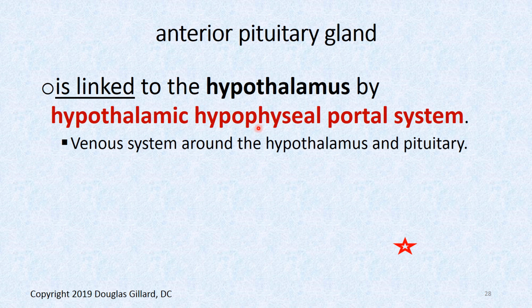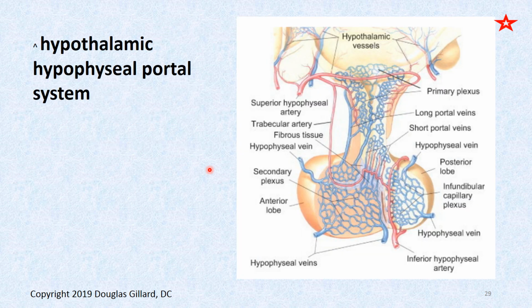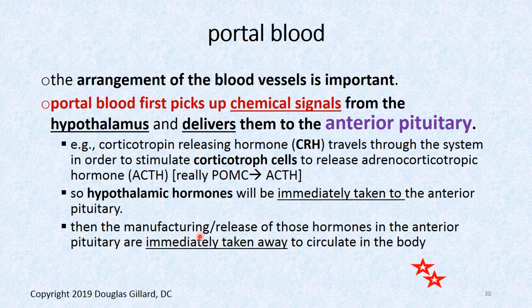Basically, that's a fancy word for saying it's a venous system around the hypothalamus and pituitary. Okay, here's an example of that system. If we butterfly open the pituitary, we can see all the venous system.